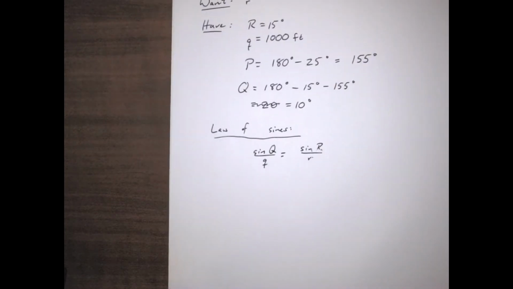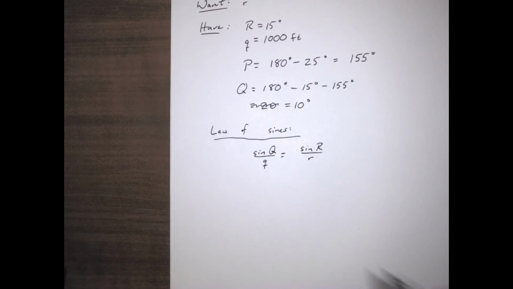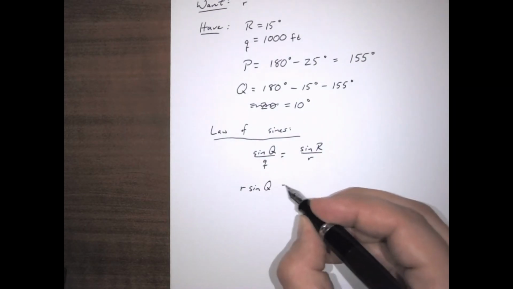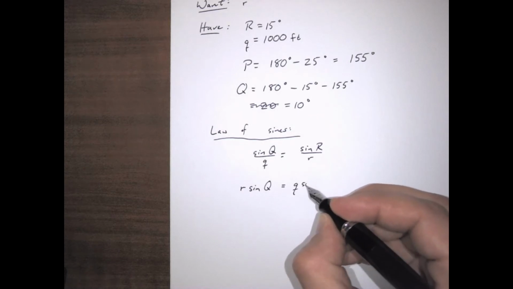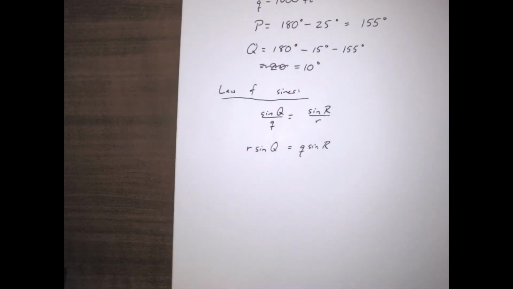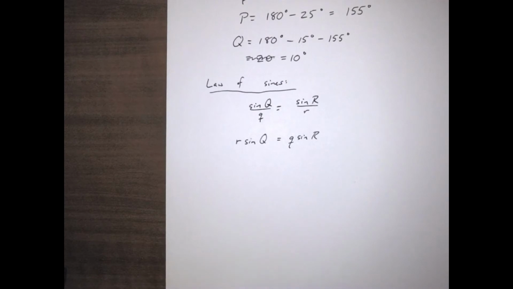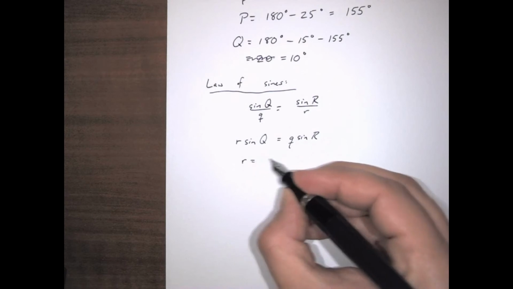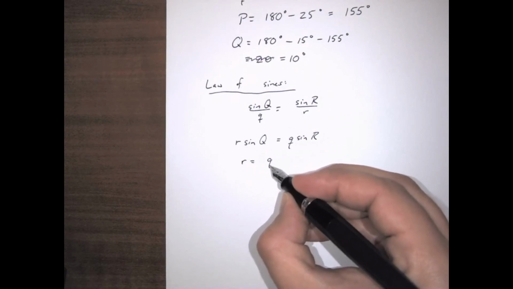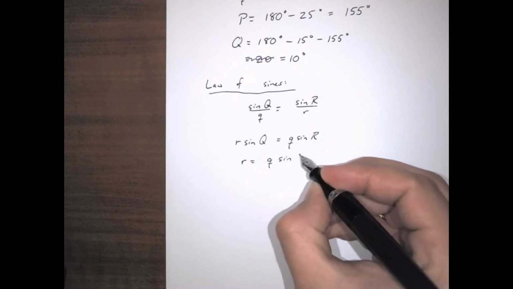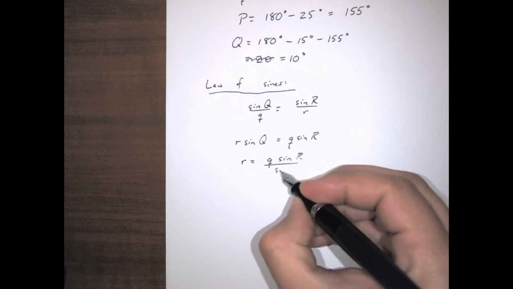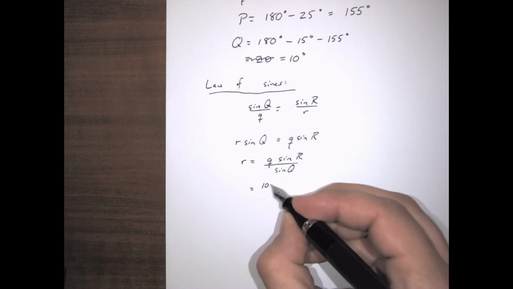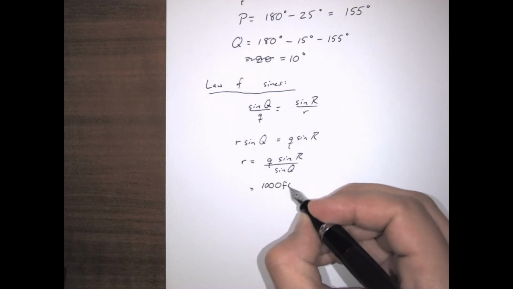Little r is the one we want. r sine Q is equal to q sine R. Okay, well then that means that r is equal to q sine R over sine Q, which would be, in this case, 1,000 feet.